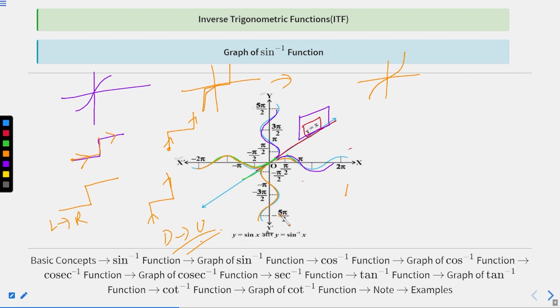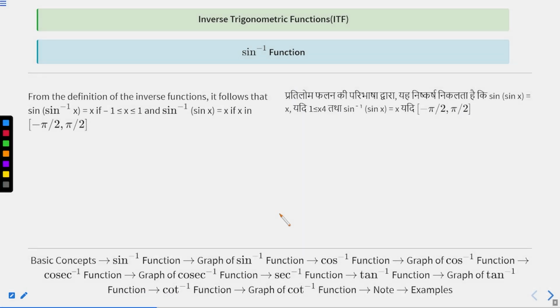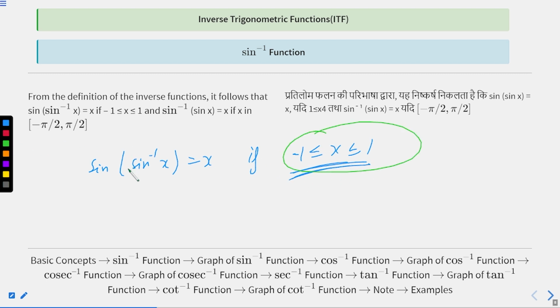Now let's come to this point. From the definition of the inverse function, it follows that sine inverse x will be x if x is less than or equal to 1. If we are talking in this domain, yes, because the domain for this sine inverse function is this set.